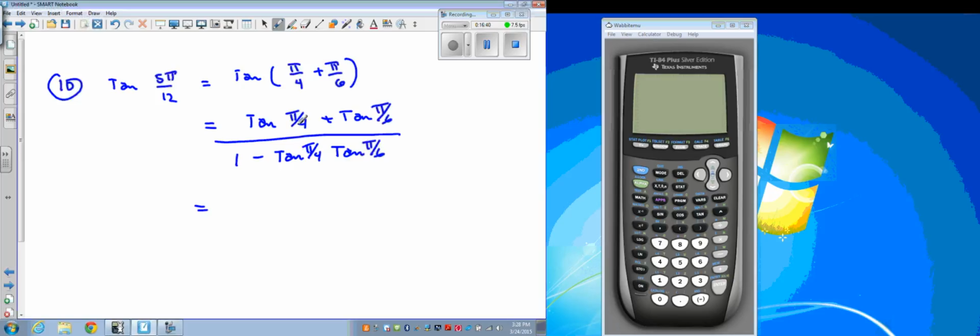It's 1, isn't it? So that's 1. Pi over 6, is that going to be the square root of 3 over 3? It's the same as 30 degrees, right? Square root of 3 over 3. Then this is 1 minus, and that's 1. And then this is the square root of 3 over 3, isn't it?